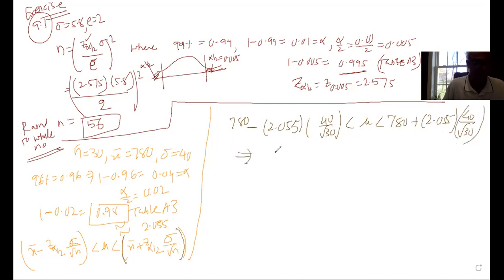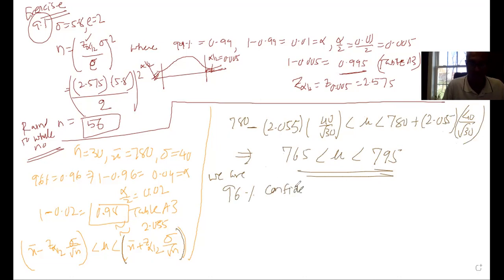If you use your calculator, you get 765 less than mu less than 795. So this is the 96% confidence interval for the population mean of all light bulbs produced by the firm.